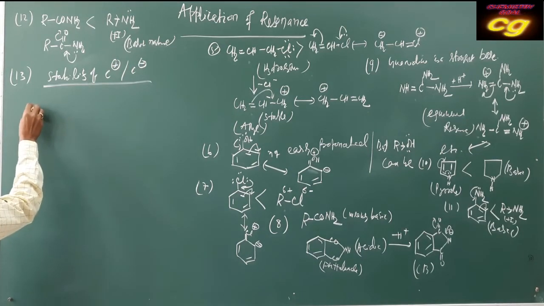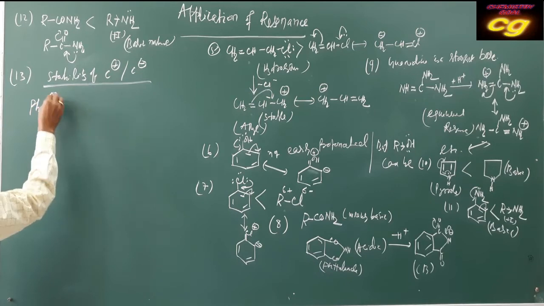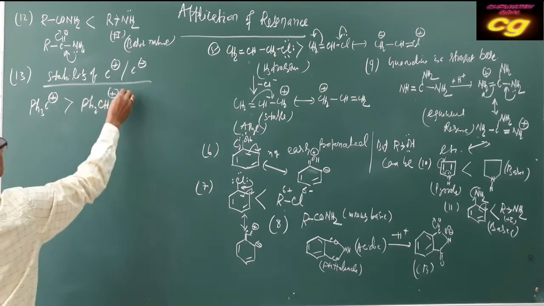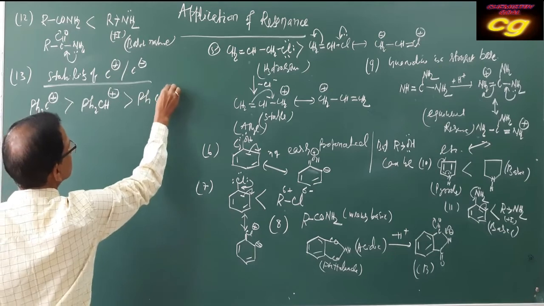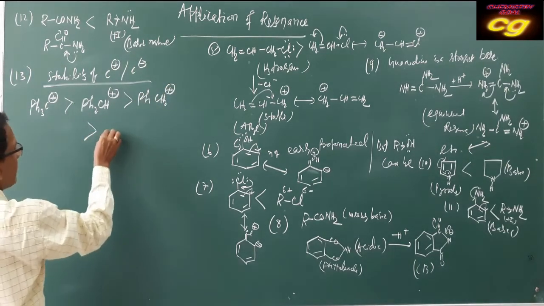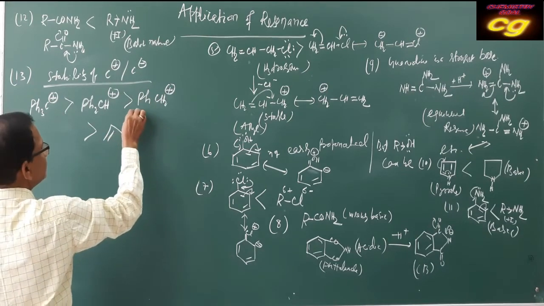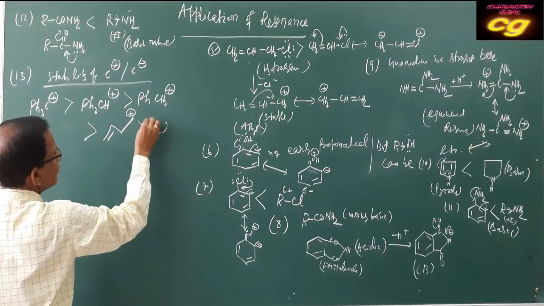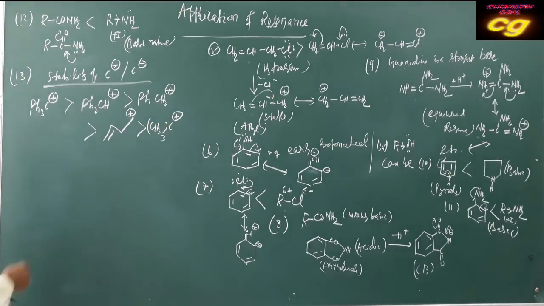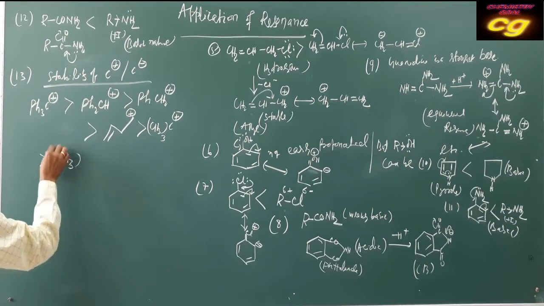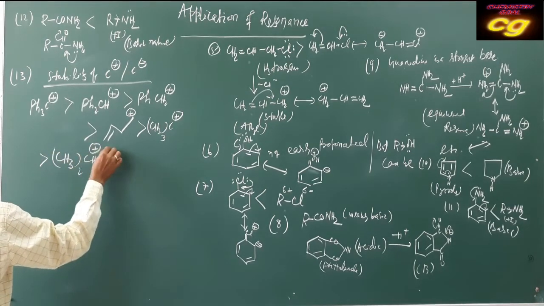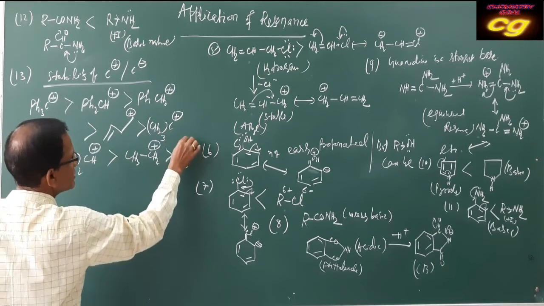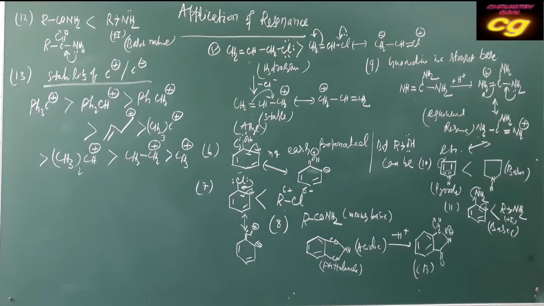But you remember this thing that Ph3C+ is more stable than Ph2CH+, more stable than PhCH2+, more stable than allyl, more stable than (CH3)3C+, more stable than (CH3)2CH+, more stable than CH3CH2+, more stable than CH3+, because it is stabilized by resonance.